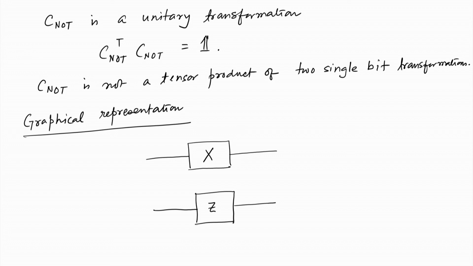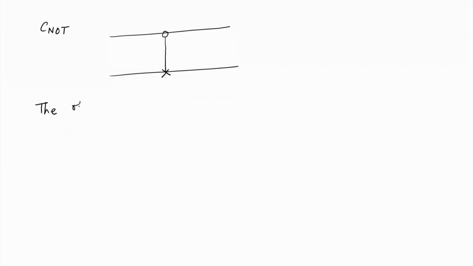However, the C0 gate has a slightly different form than this. It is two lines, an open circle here, a vertical line with a crossed mark. So, this is the open circle and this is that cross mark.